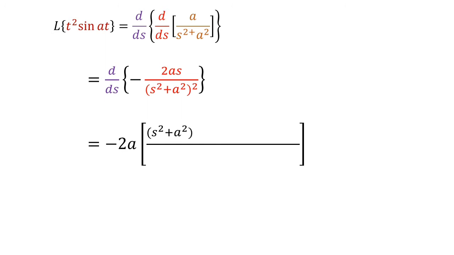So we get the expression: 2a is a constant, so we separate it here, and using the same formula, we differentiate s, so we get 1, and when we differentiate s square plus a square whole square, we get 2 times s square plus a square into 2s.